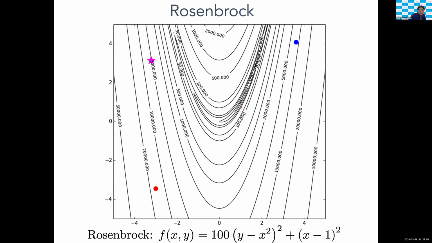Unlike the previous case where the valley was straight, in this case, the global minimum value exists within the curved valley. Moreover, because this valley is a very narrow area, it is generally said that searching for the global minimum value is difficult.